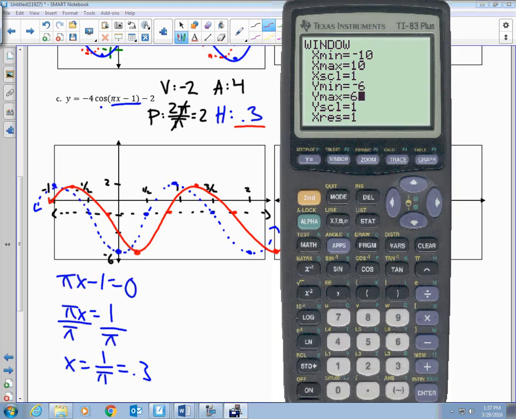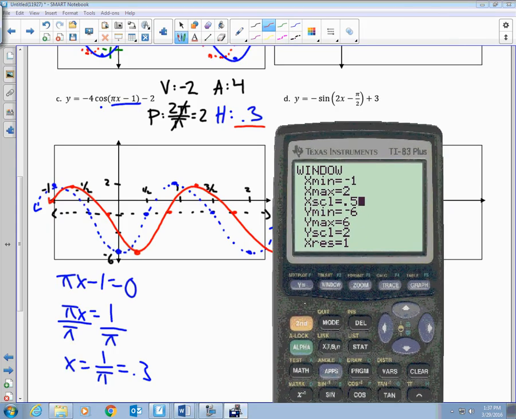You can see that I have a tick mark every 2. And for my x values, it looks like I go all the way over to +2, and I start back at -1. And I have a tick mark every 1/2. So let's see how well I did.